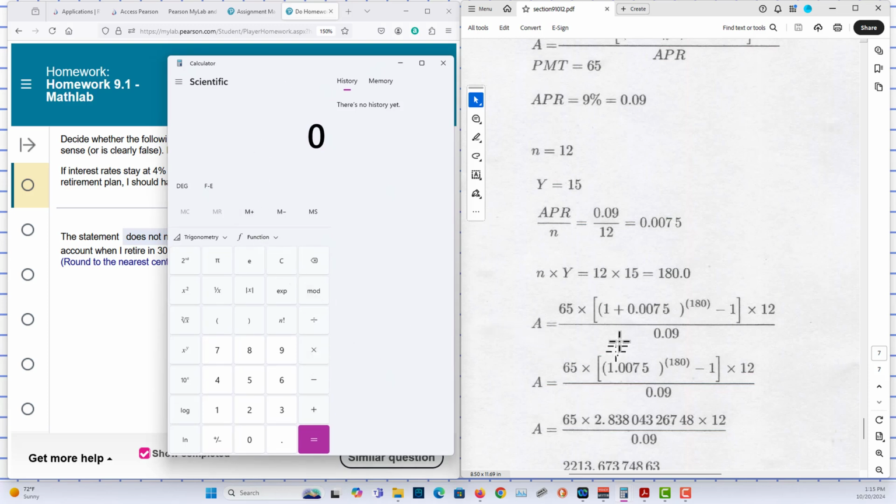So in this case, I have 1 plus 0.0075. Okay, and that equals that value, and I want to raise it to the 180th power. I get that value there.